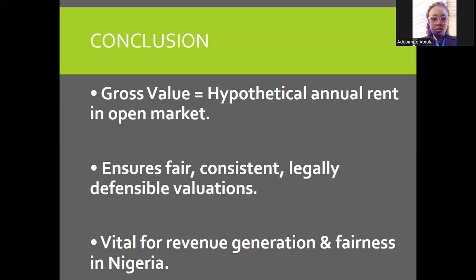So we can also say that in Nigeria, the proper application of gross value is very vital in improving our local government revenue generation, while ensuring fairness to taxpayers. We've seen that gross value is a good tool that we are expected to get right.